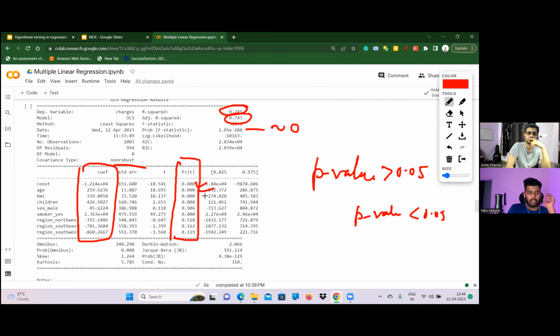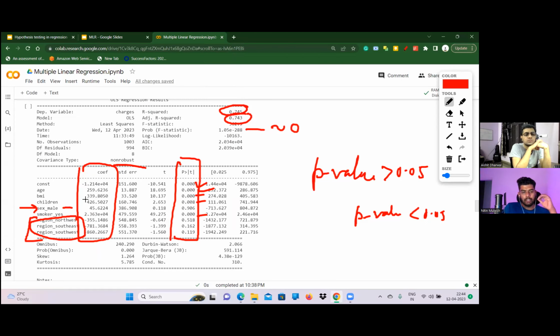The age is significant, the BMI is significant, the children is significant, this smoker is significant, but this gender is not significant, and this region is not significant. So what does this mean? This means that these four features are not contributing a lot in predicting your Y in this particular case.